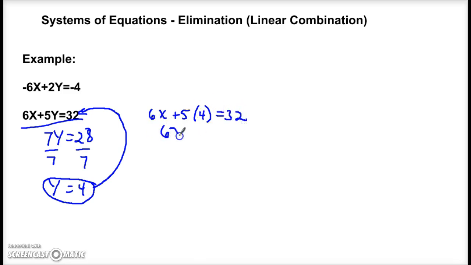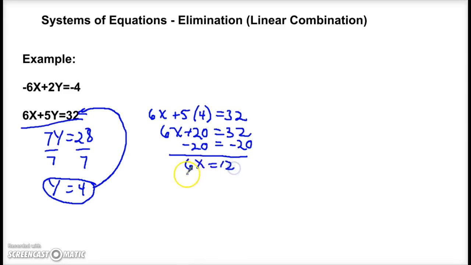So this means 6x plus 20 is 32. Subtracting 20 from both sides gives me 6x equals 12. So of course that means that the value of x is 2.